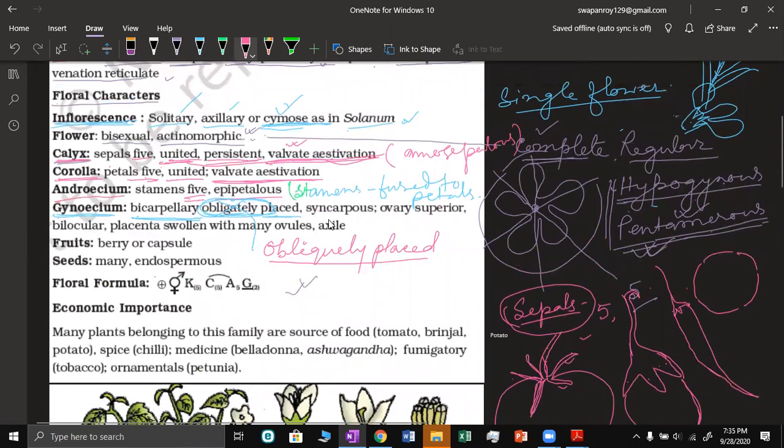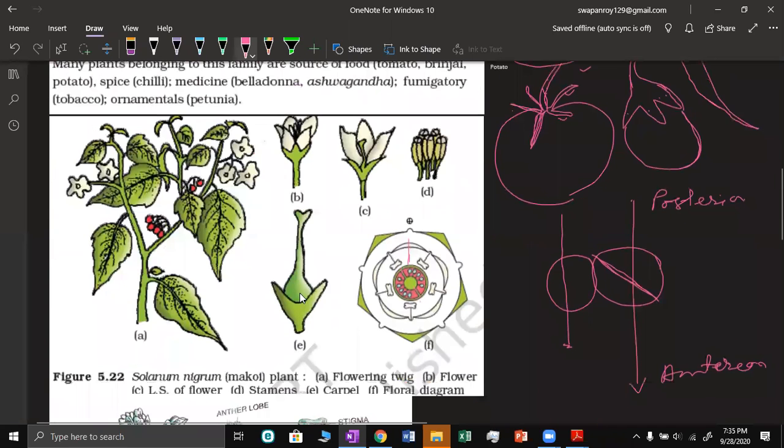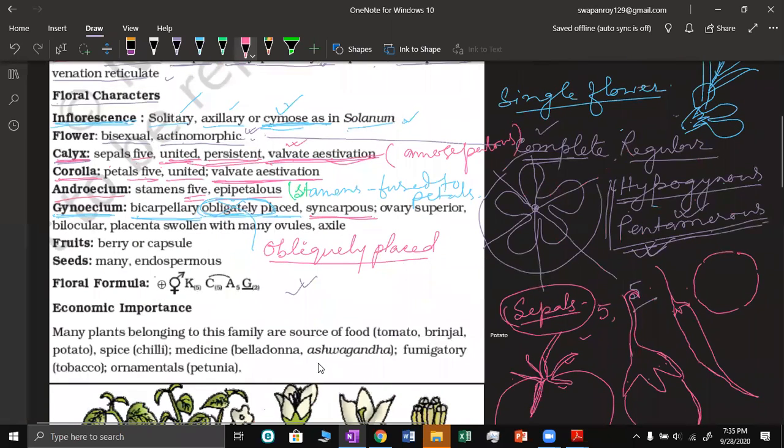And it is syncarpous. Syncarpous means 2 carpels are there, and they are fused together into one ovary. This is the ovary structure, showing only one, and that's why only one fruit is formed. From one flower, one fruit. The ovary is superior. Remember, the flower is hypogynous, so the ovary is superior.